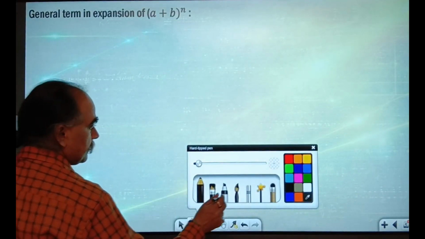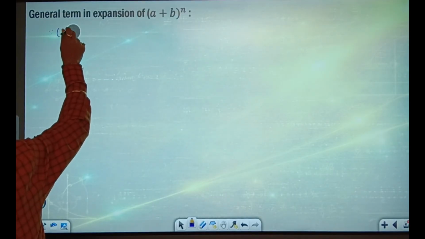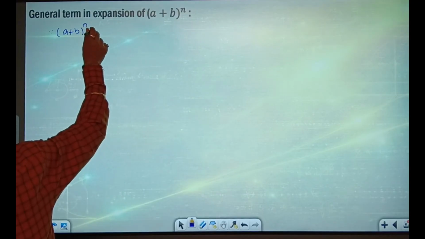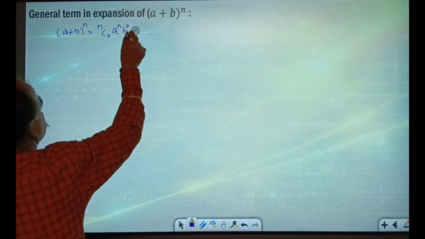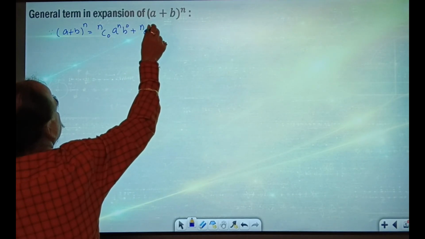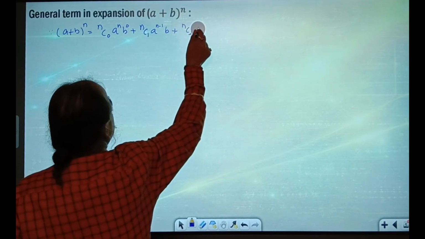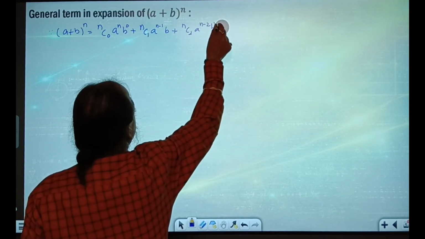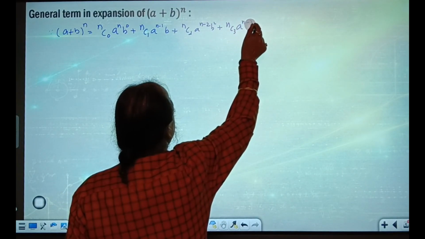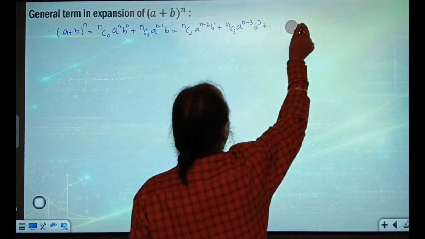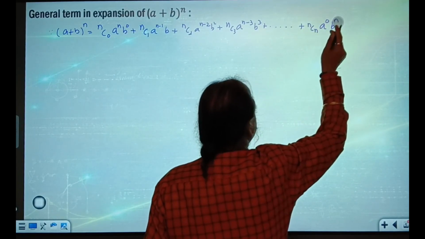Since (a plus b) raised to n is what? nC0 a raised to n b raised to 0 plus nC1 a raised to n minus 1 b plus nC2 a raised to n minus 2 b square plus nC3 a raised to n minus 3 b cube plus ... plus nCn a raised to 0 b raised to n.